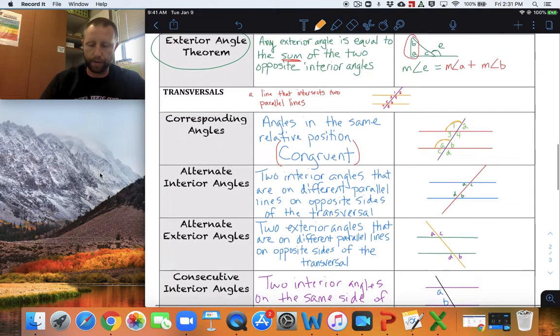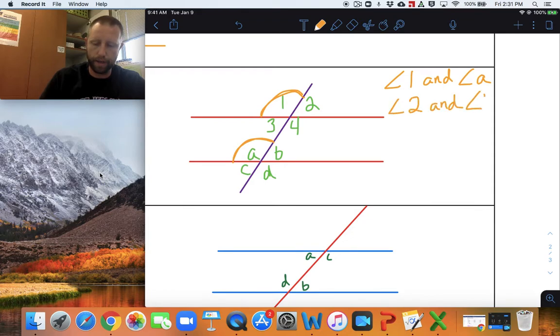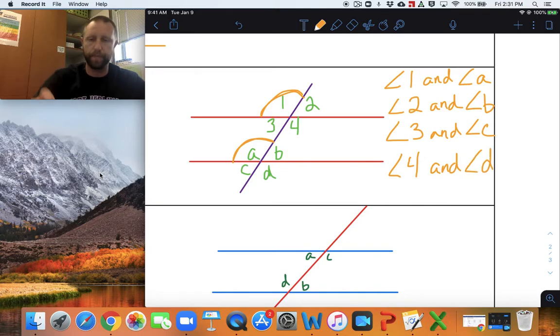So the way that I'm going to write that out off to the side here so that we don't forget it is angle 1 and angle A, angle 2 and angle B, angle 3 and angle C, and angle 4 and angle D. Those are my corresponding angles.